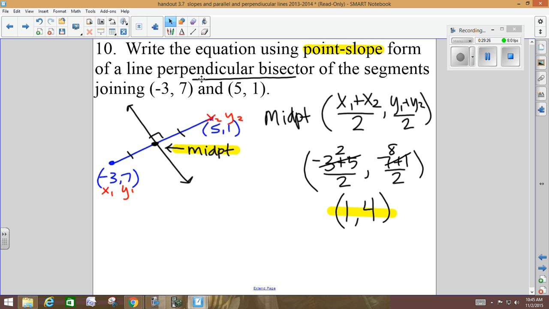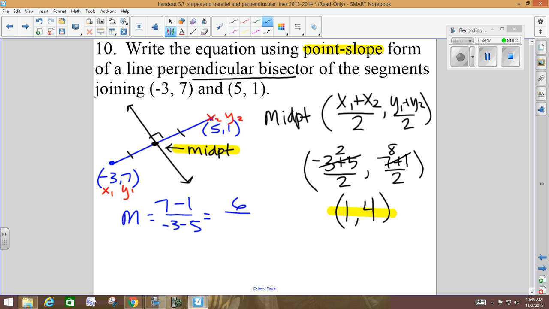But I have to find the slope of the blue line first before I can find its opposite reciprocal. Can I find the slope of the blue line? Yeah, can I do y1 minus y2 over x1 minus x2? Sure. Ready? m equals 7 minus 1 all over negative 3 minus 5. What's 7 minus 1? What's negative 3 minus 5?